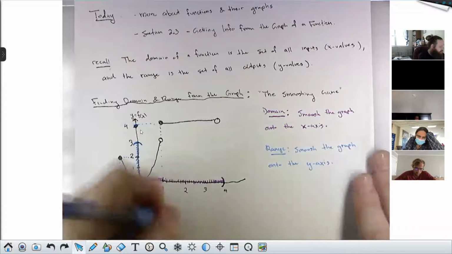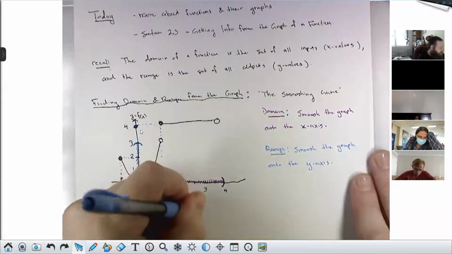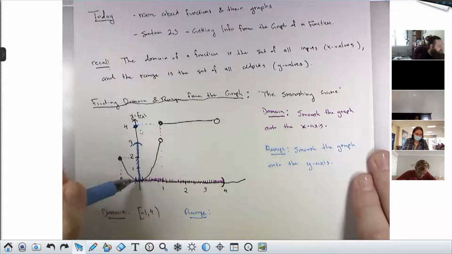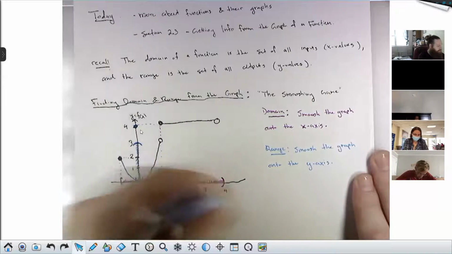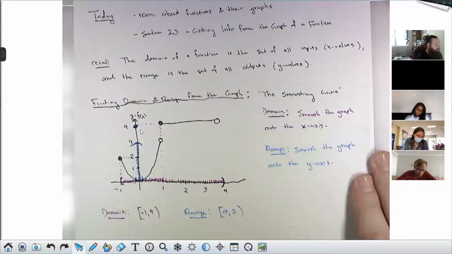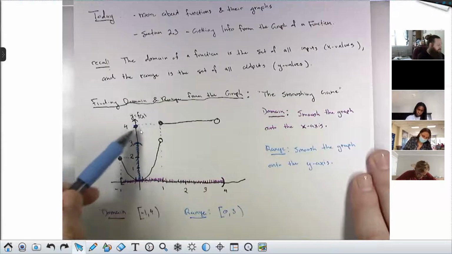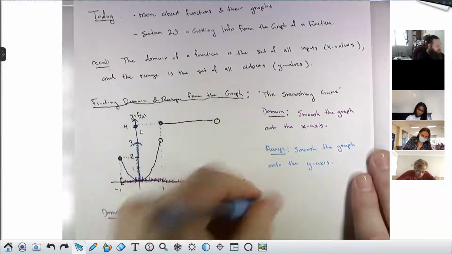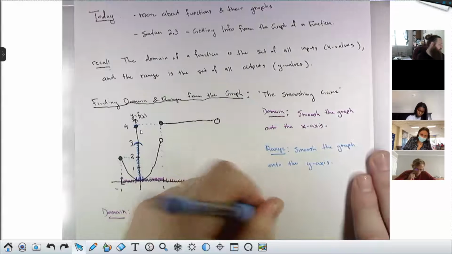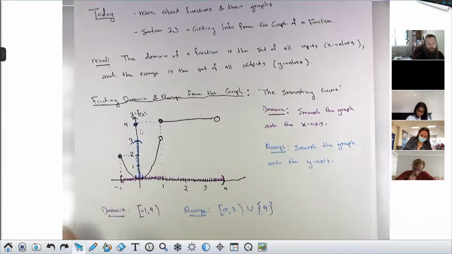So the range, we have this piece, which is the interval from 0 to 3, closed on the left, open on the right. And then I have to union that with just the single element 4. And the way we would write that is union. And then remember, if I want to write a set that has just 1 or 2 things, I just put those 1 or 2 things in curly braces. So that would be my range.